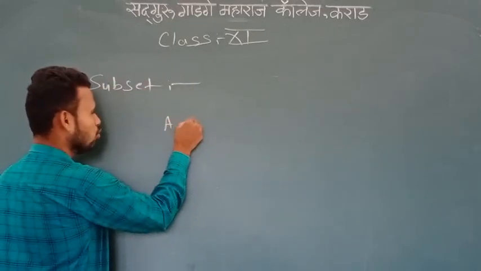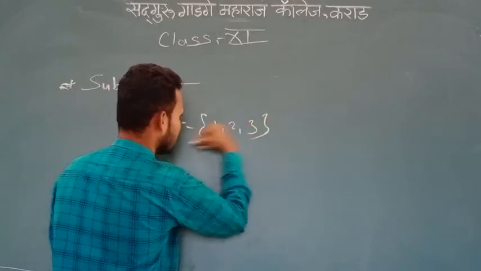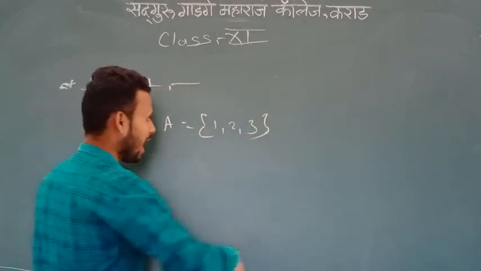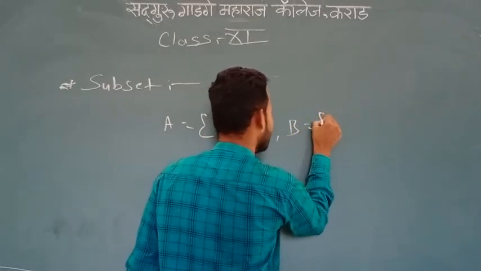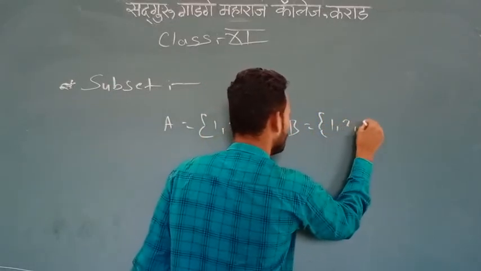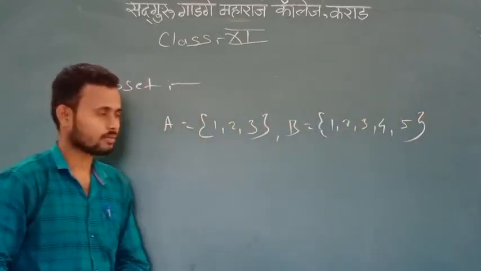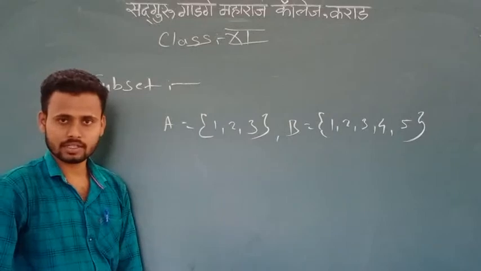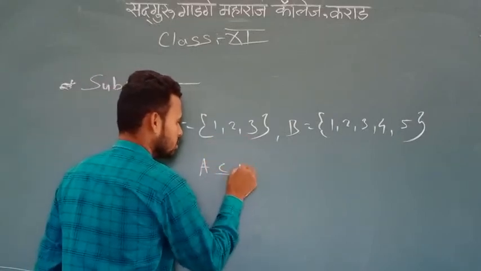Take A equal to the set containing 1, 2, 3, and set B equal to the set containing 1, 2, 3, 4 and 5. These are any two sets. First one is A, second one is B. Here, therefore, A is a subset of B.